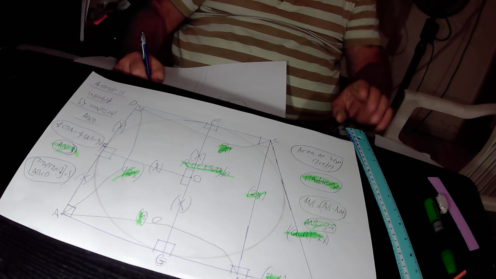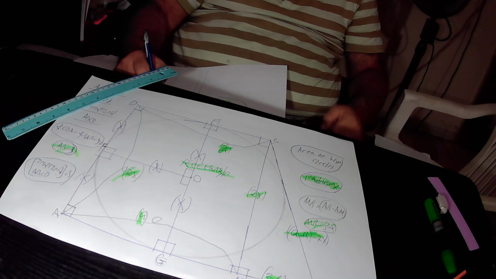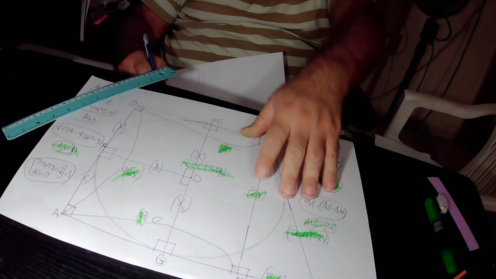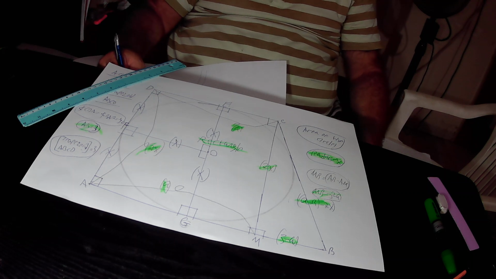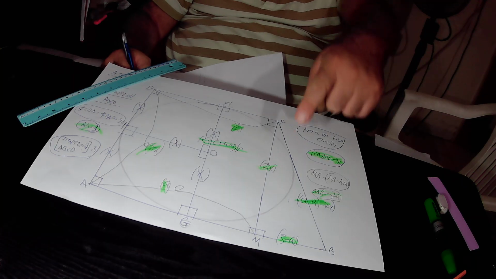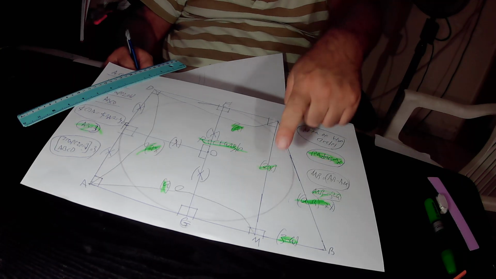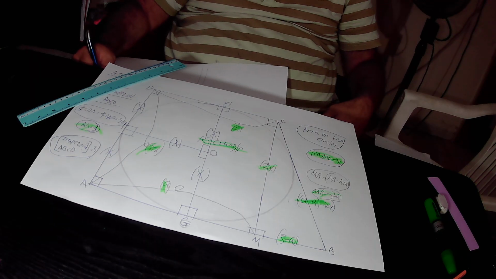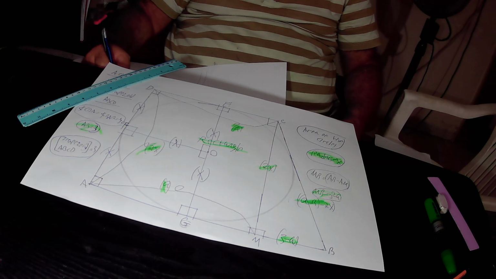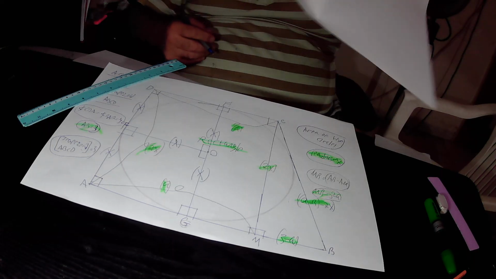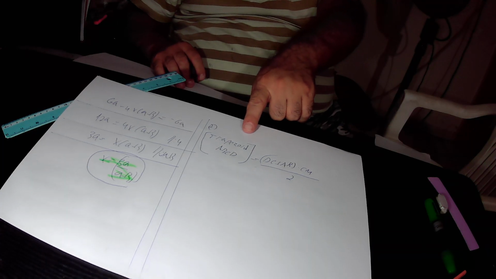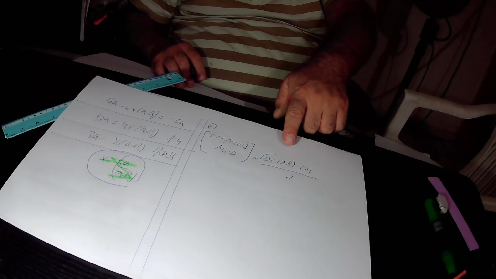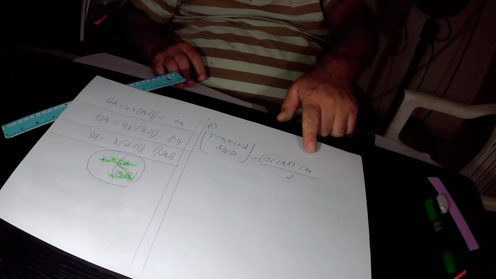The area of trapezoid ABCD equals the sum of its two parallel bases, that is to say DC plus AB, times the height. The height is CM because it creates 90 degrees with the two parallel bases, so it is times the height CM over 2. So the area of trapezoid ABCD equals the sum of its two parallel bases, DC plus AB, times the height CM over 2.